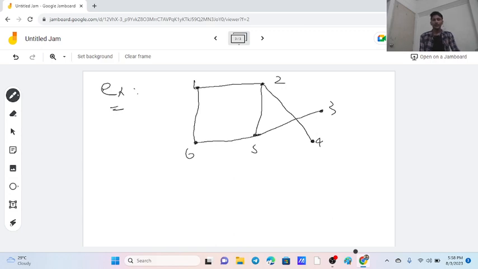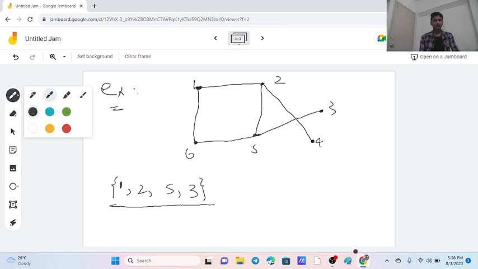Here, if we take 1, 2, 5 and 3 as the set of vertices, then this is a path. You can see that this is a path from 1 to 2, 2 to 5, 5 to 3. Okay, so this is our path.